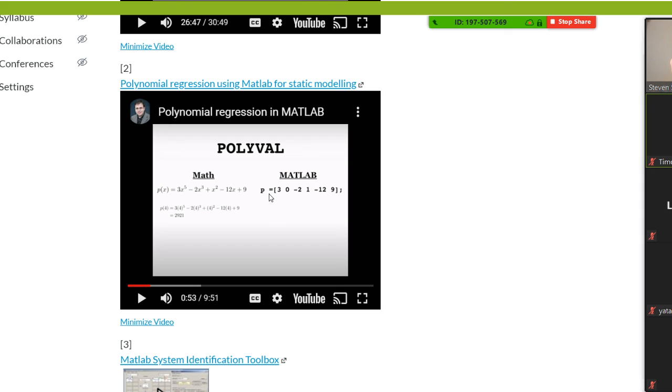For the first project, maybe you do not need to use static modeling. But I have put two papers we read before, where we even use more complex static modeling. Also in the other project, maybe you need to use polynomial regression.